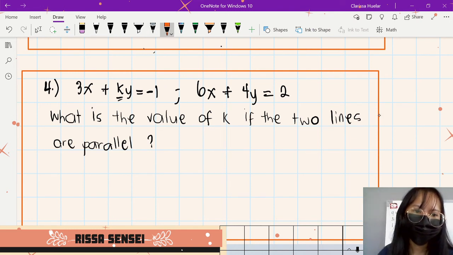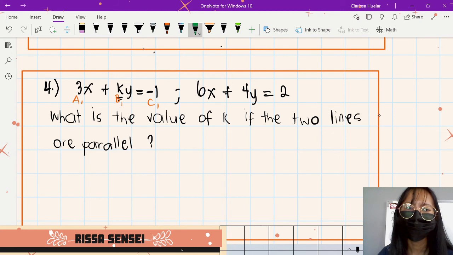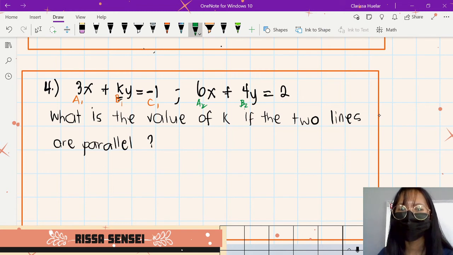So, this is a sub 1, yung k yung b sub 1, c sub 1 is negative 1, then 6 is a sub 2, 4 is b sub 2, and 2 is c sub 2.